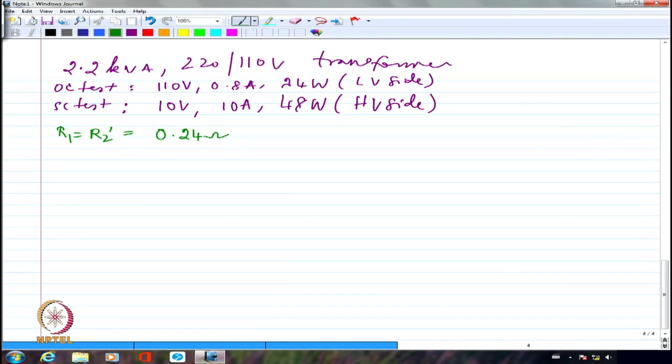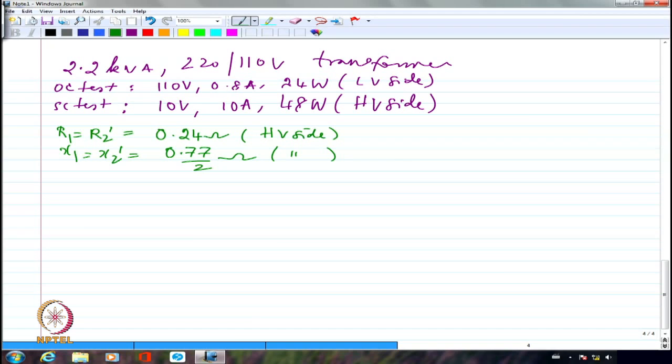And X1 equal to X2 dash, both of them I am getting as 0.77 by 2 approximately. This is also from HV side. And I am getting RC to be 509 ohms. This is from LV side.